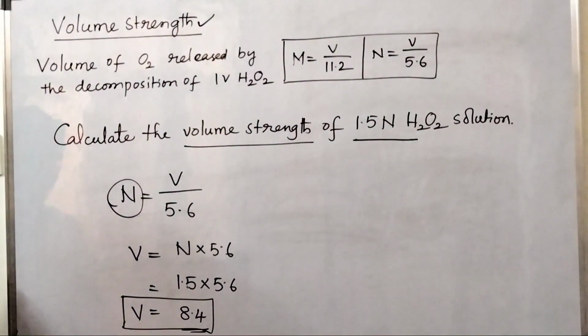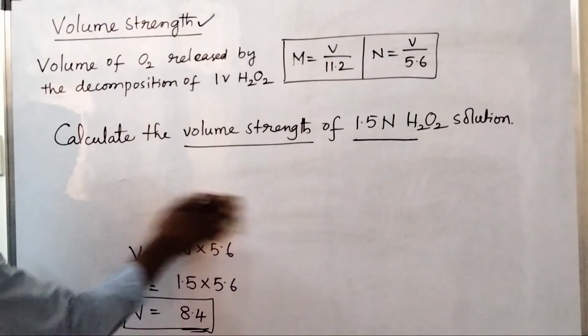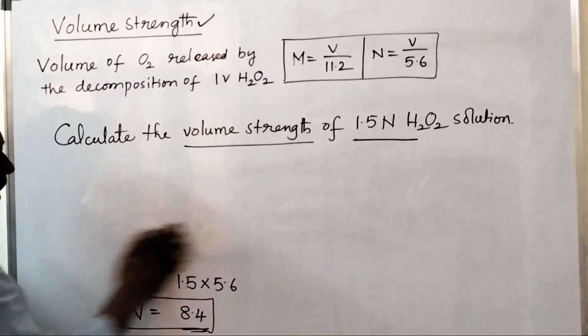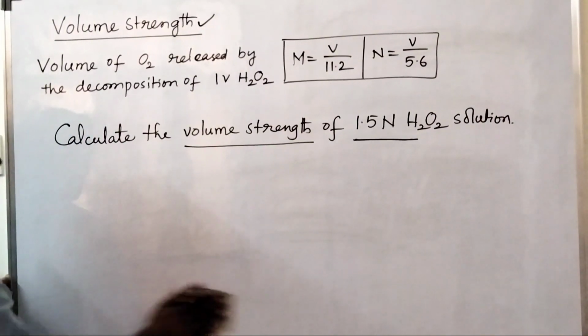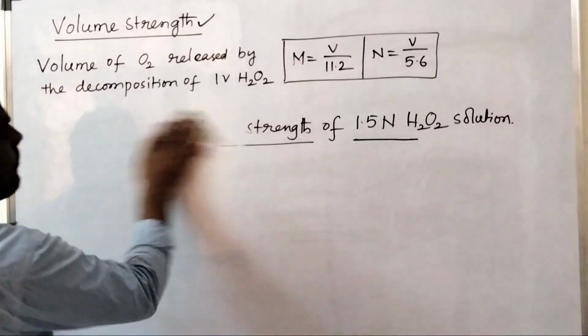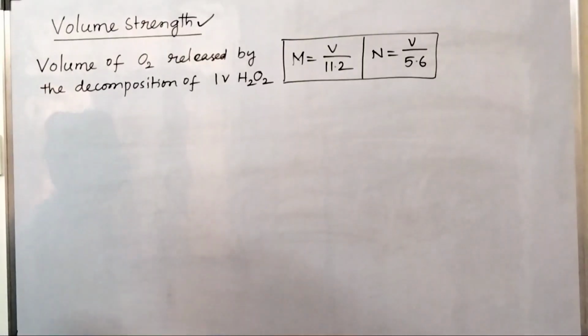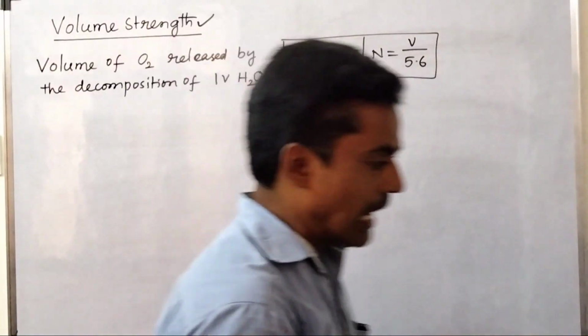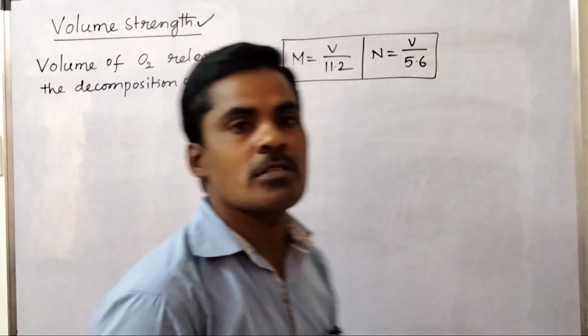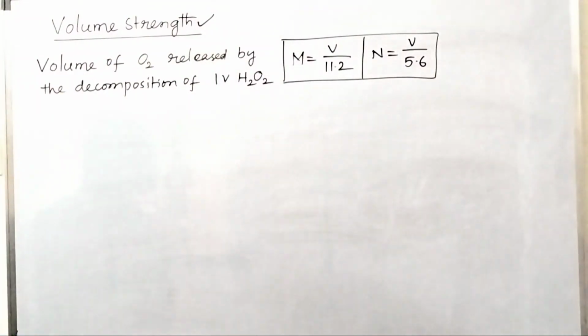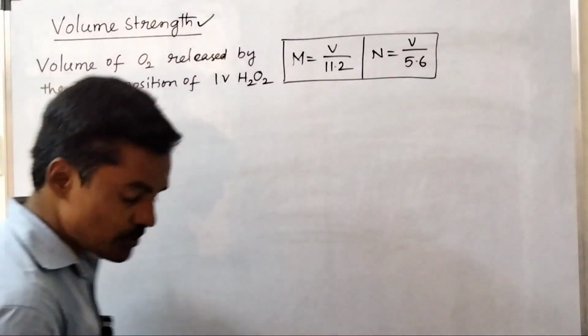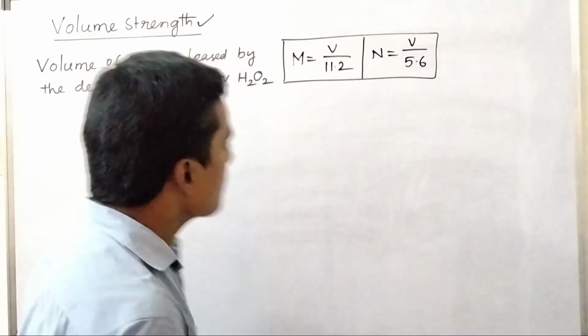Okay, now let's move on to another numerical. Now the density of hydrogen peroxide solution can also be calculated by using volume strength. How to calculate the density of hydrogen peroxide solution by using volume strength? Let me explain one example.